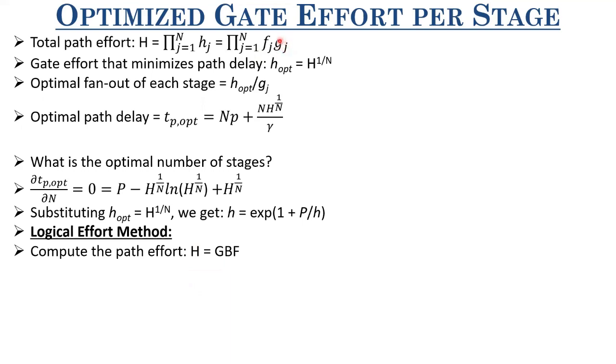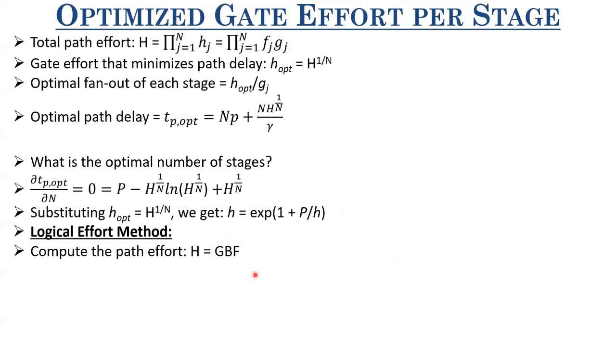Now you can do it by Fj Gj by Bj into Bj, right? Then Fj by Bj becomes capital F, Gj becomes capital G, and Bj becomes capital B in terms of product. So once you do that, you find that this capital H is nothing but capital G, capital B into capital F. F is easy to calculate, B is also something you can calculate easily, and G is also calculable.